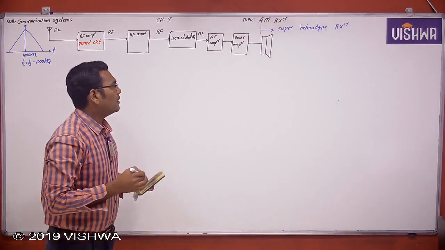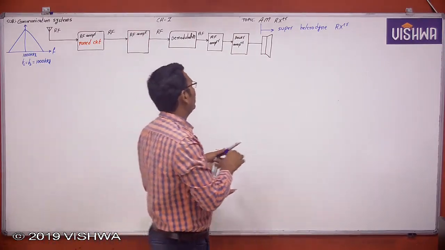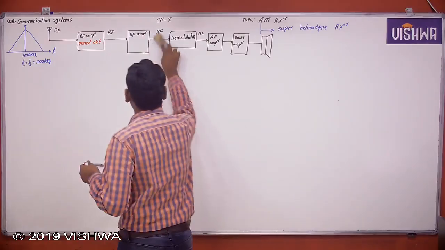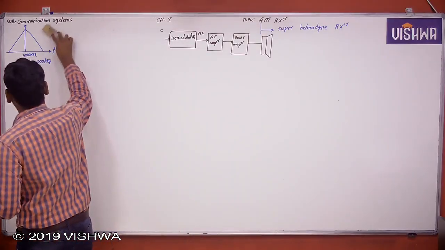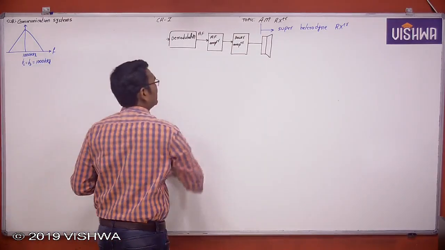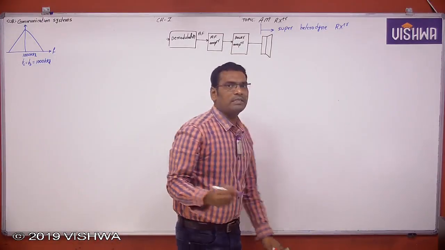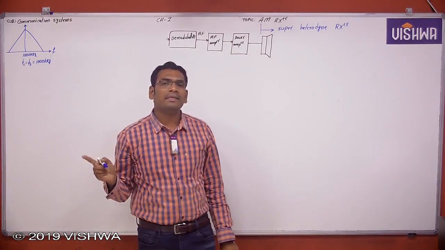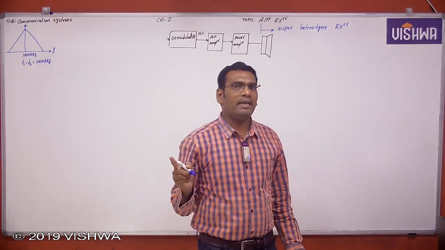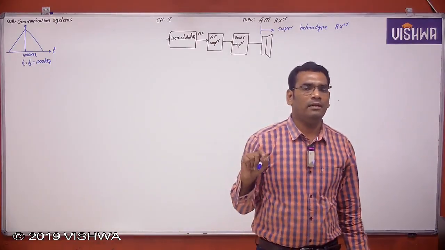Before designing this particular receiver, what is its principle? Then what is the principle of the TRF receiver? The incoming signal is passed through several amplifier stages, then goes for demodulation.